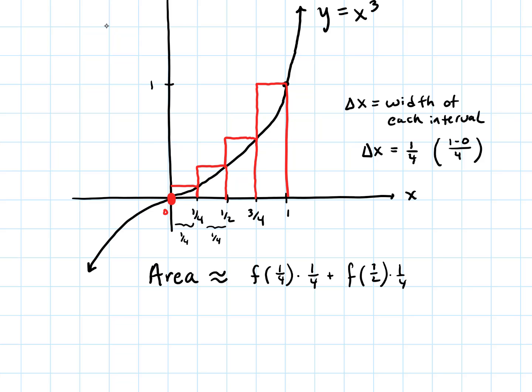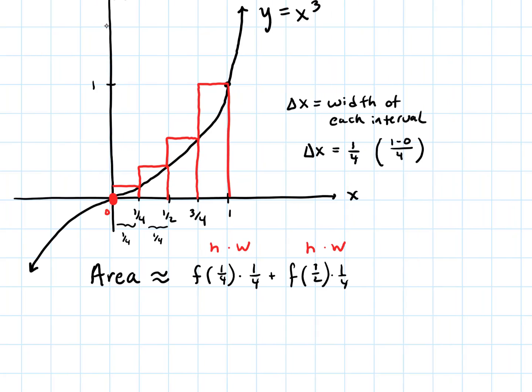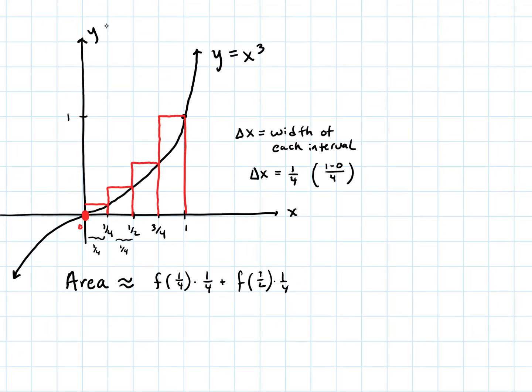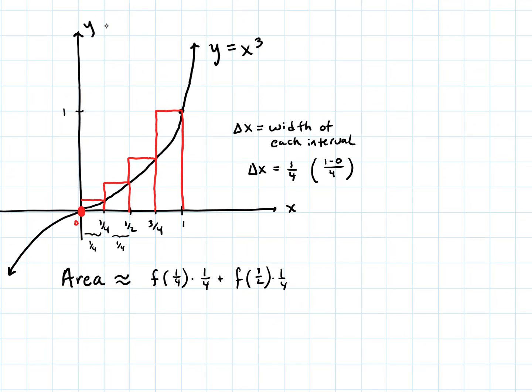Notice that this is our height times our width. Each of these areas that I'm calculating is simply a height times a width. It's just the area of a rectangle. Rectangles are simple shapes to compute areas of. It's why we use them.